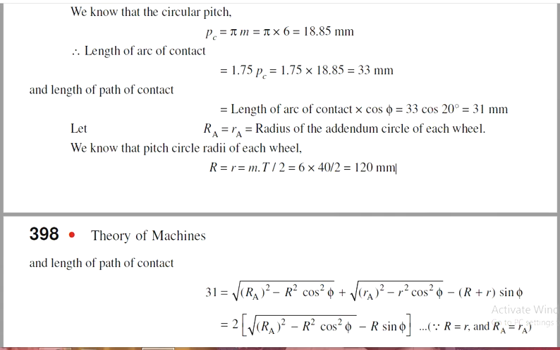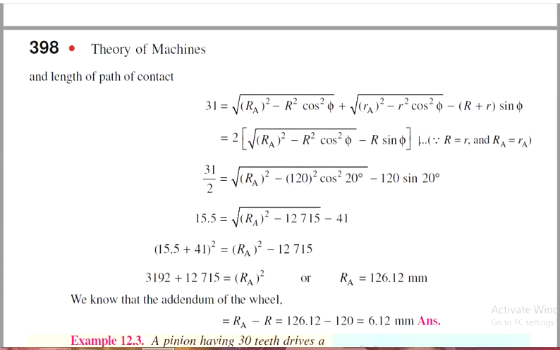So by substituting these we get RA, the radius of the addendum circle. Then the addendum of the wheel, RA minus R, is equal to 6.12 mm.